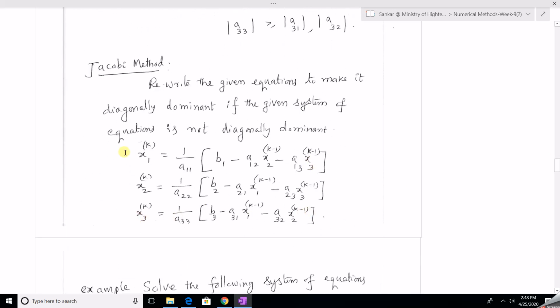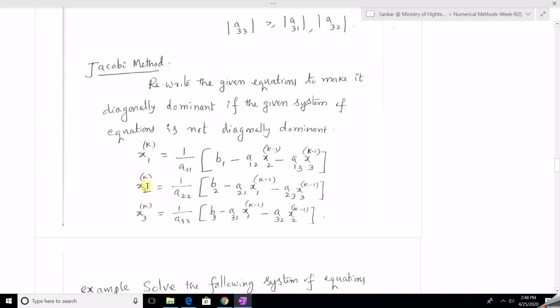After writing x1, x2, x3, we put k on the left side and k minus 1 on the right side. We will see what is the meaning of this. If we want the kth approximation of x1, we have to use the k minus 1th approximation of x2 and x3, that is the previous approximations.